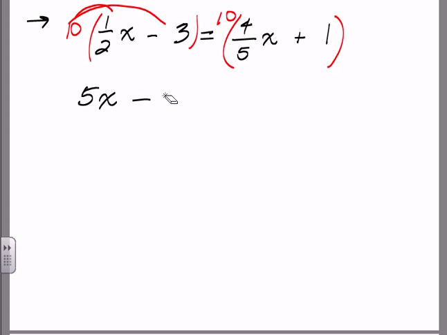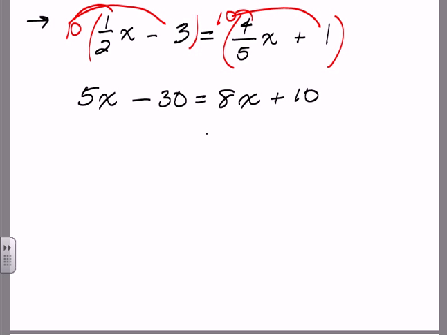So we would get 30 equals, and then 10 times 4/5 x is going to give us 8x, and then we still have to multiply 10 times 1, and we will get plus 10. Okay, so let's go ahead.